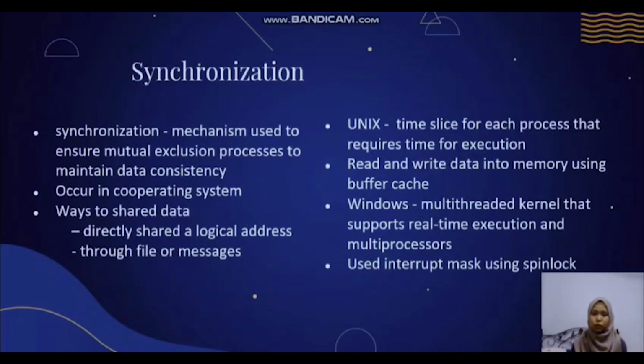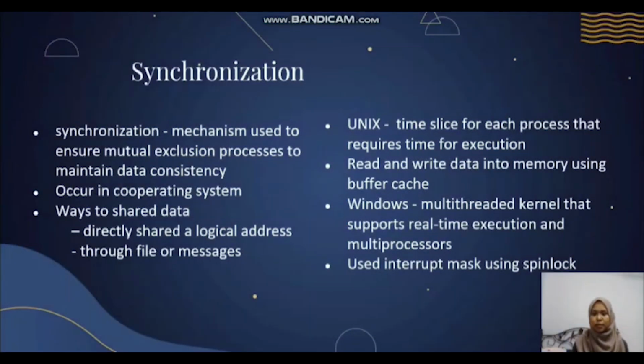Concurrent access to shared data may lead to data inconsistency when multiple processes try to execute on the same shared data at the same time. Hence, multiple mechanisms are used to ensure that processes that use the same shared data at one time can execute in sequence in order to avoid data inconsistency.